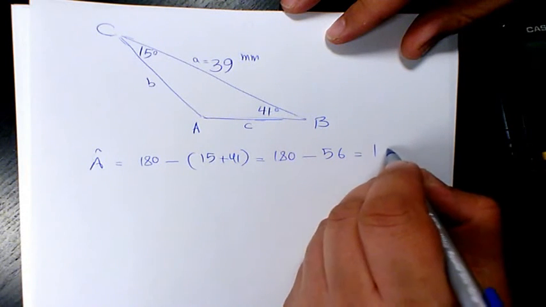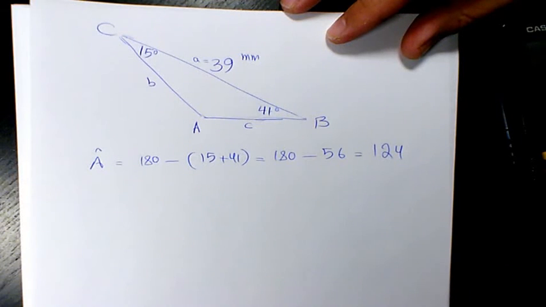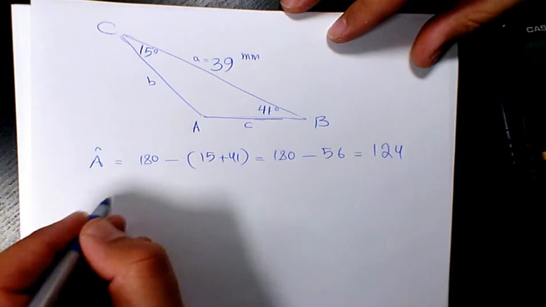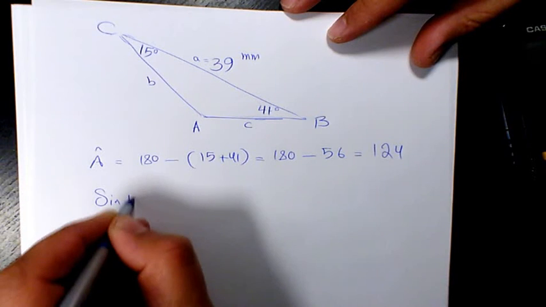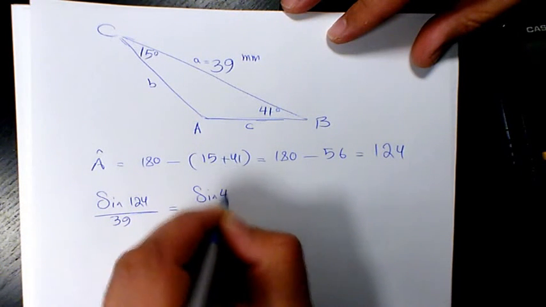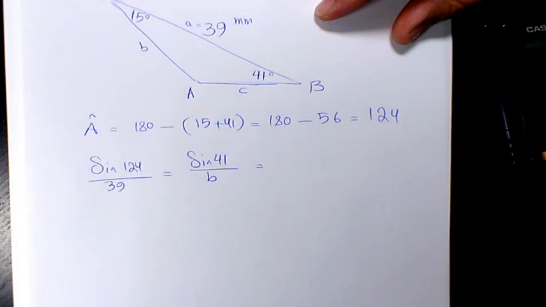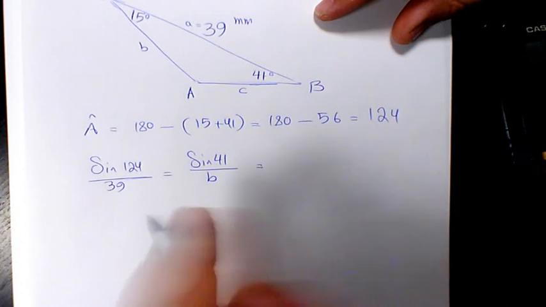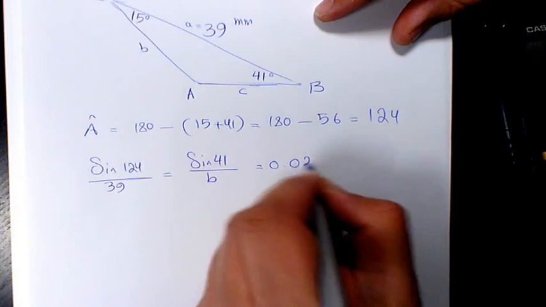That's going to be 124. So sine 124 divided by 39 equals to sine 41 divided by b. So sine 124 divided by 39, the ratio is 0.0212.